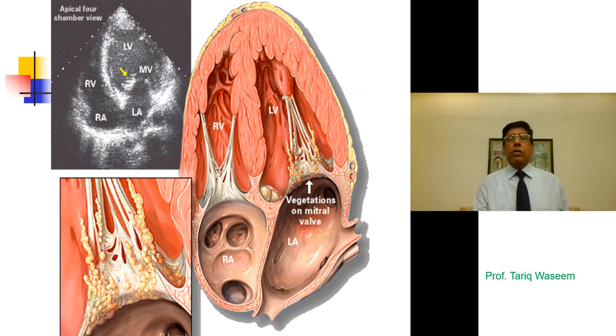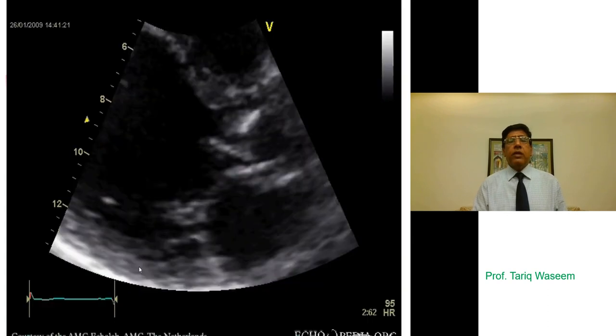This is more in depth. This is how these vegetations would appear, like dot-like spots over the valve surfaces, particularly toward the left atrial side. This is a more zoomed, enlarged focus. This is how these small vegetations usually appear.